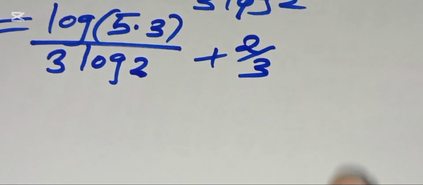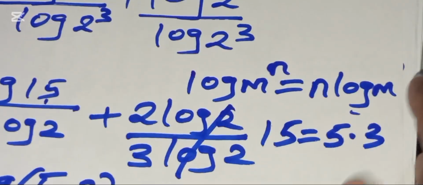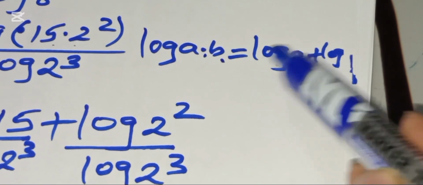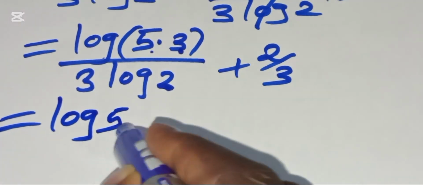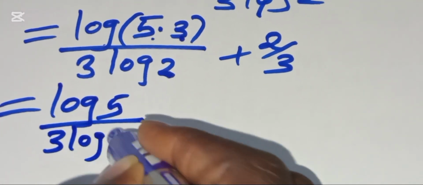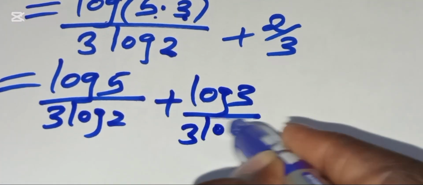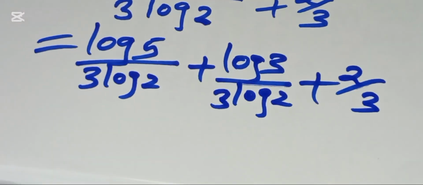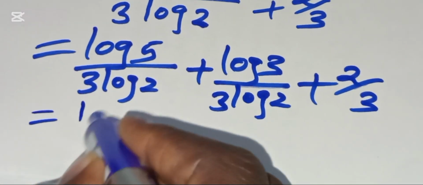Now applying the property that log of a multiplied by b is equal to log a plus log b, we have log 5 divided by 3 log 2 plus log 3 divided by 3 log 2 plus 2 over 3. This is the same thing as a third.